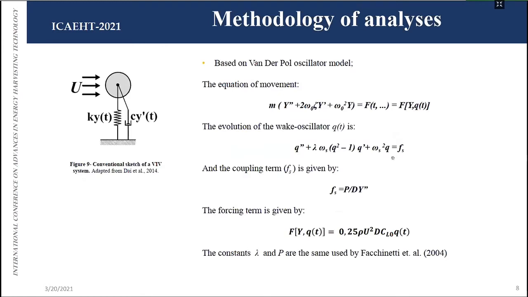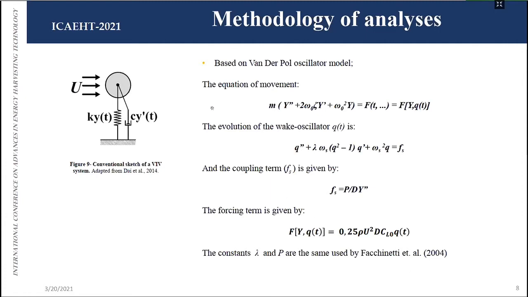So our base model is a semi-empirical model based on the Van der Pol oscillator model, and the equation of movement, evolution of wake oscillator, coupling term, and the forcing term are all given here, okay? And it's the same model used by Facchinetti et al. 2004.